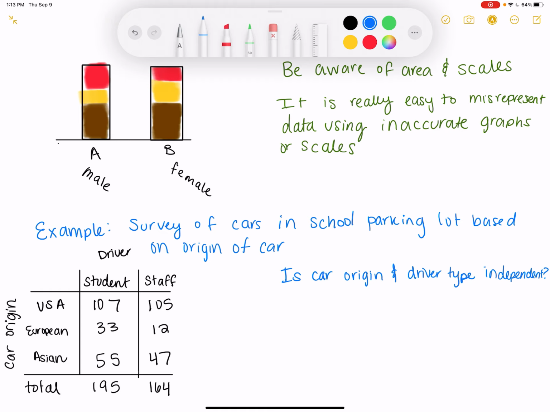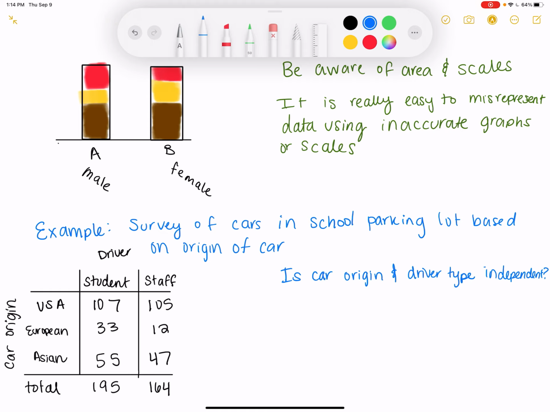So basically with independence, it'll essentially tell us if they go with each other or not. Like if one affects the other.